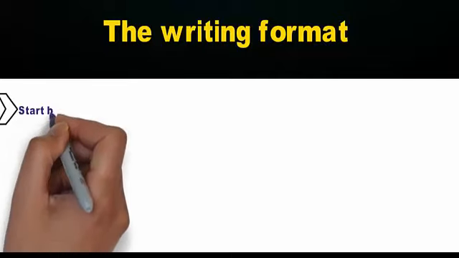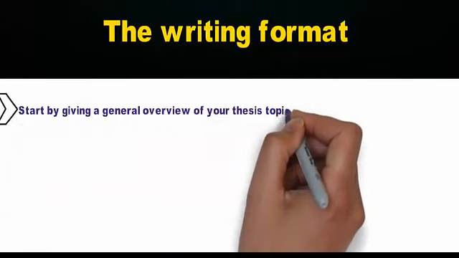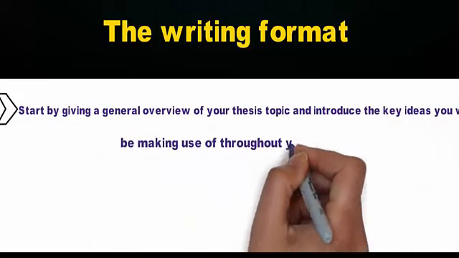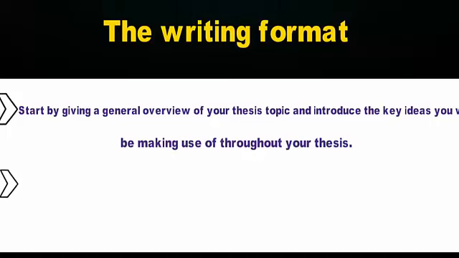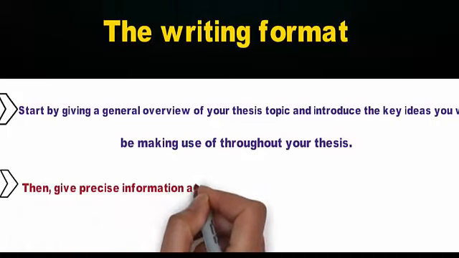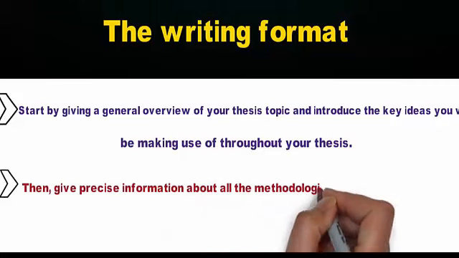You can follow this format when writing your background of the study. Start by giving a general overview of your thesis topic and introduce the key ideas you will be making use of throughout your thesis. Then, give precise information about all the methodologies used in the research.